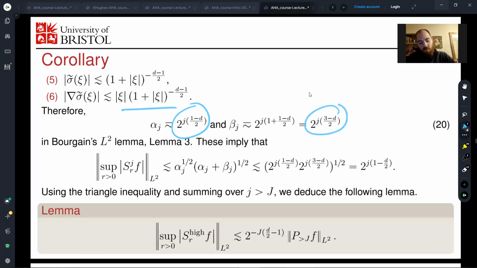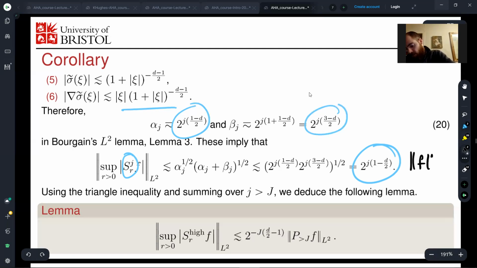And when you compute what those terms are, it turns out that you get 2 to the j times 1 minus d over 2. And Bourgain's lemma now says that if I look at just this Sj of r, I don't look at the full high piece yet, I just look at a single Littlewood Paley projection of that spherical average, then I get this bound times the L2 norm of my function.